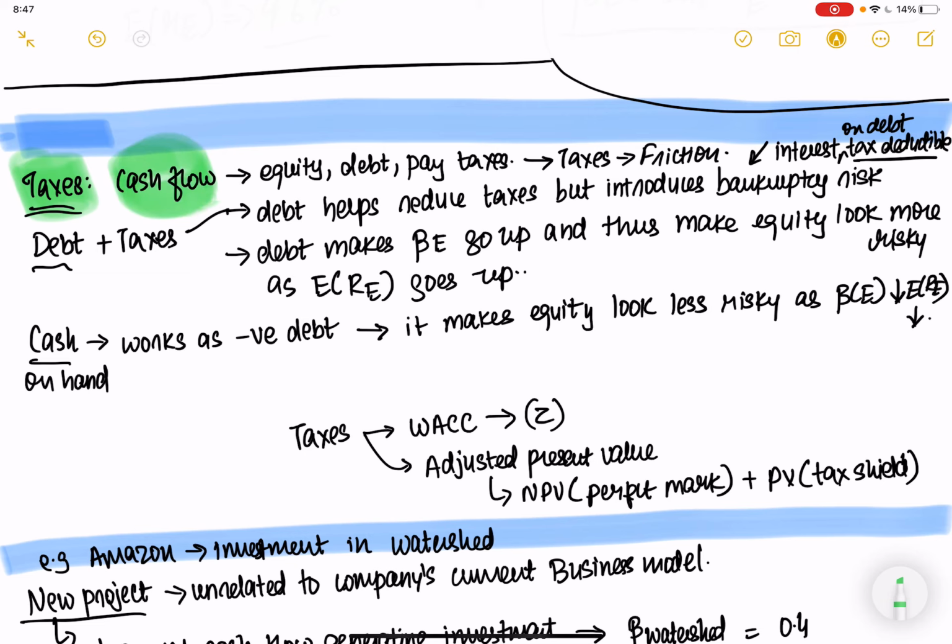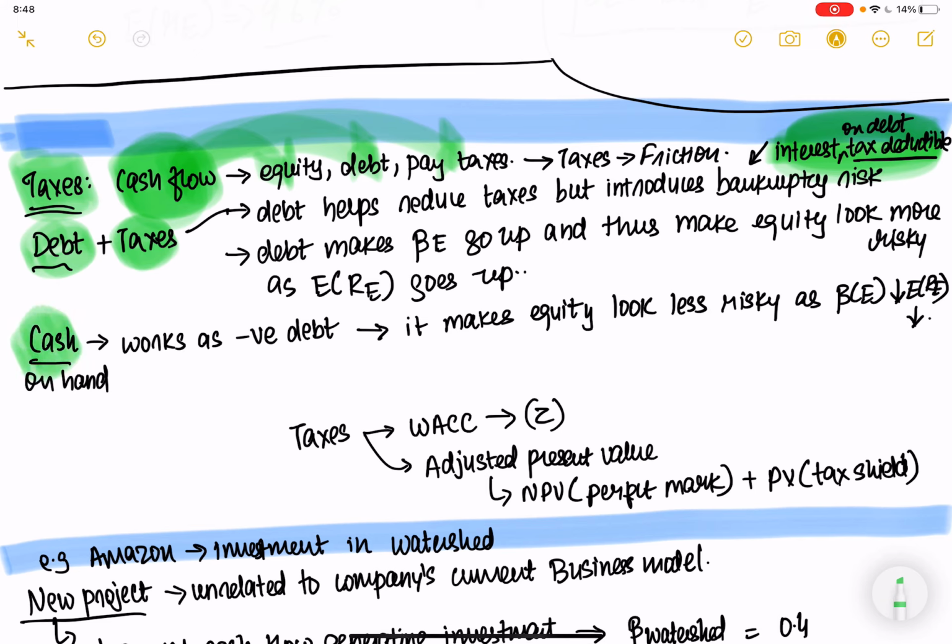Given a company's investment cash flows, they will be used for either equity servicing, debt servicing, or paying taxes. And when that happens, you can deduct the interest that you pay on your loan from your taxes, right? So if you have tax that you owe, you can use your interest and deduct that.